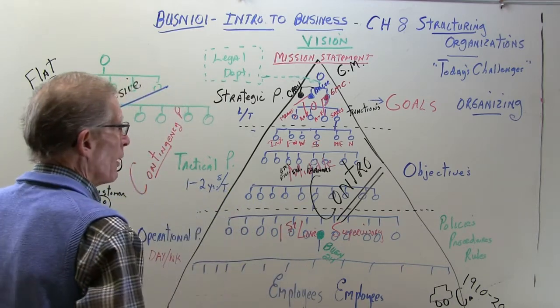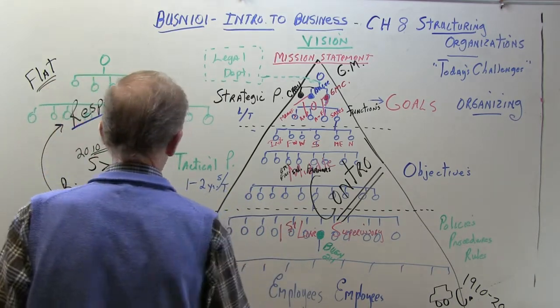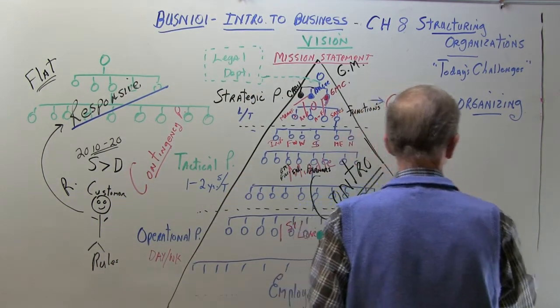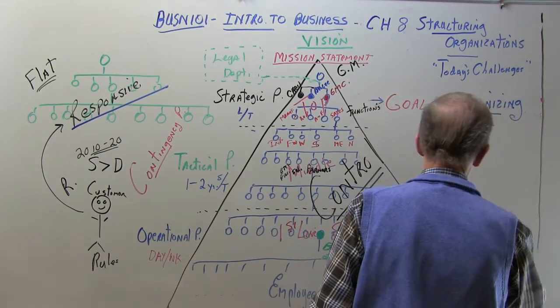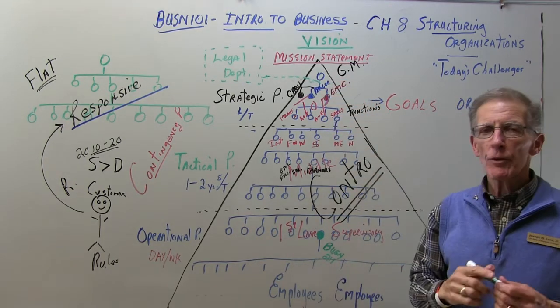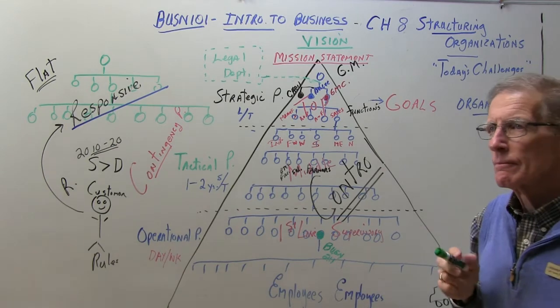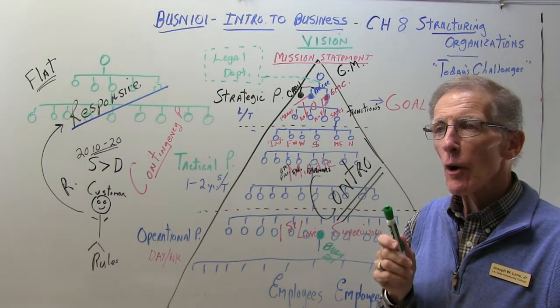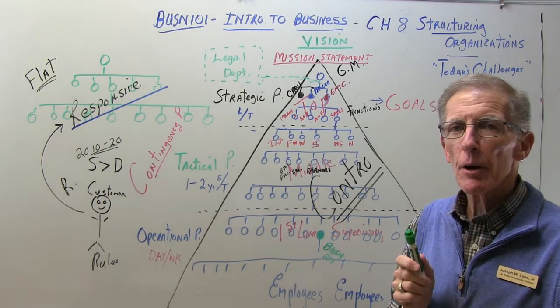Oh my gosh, a matrix organization. Let's say that General Motors got an order from the federal government to build some vehicles for the military.